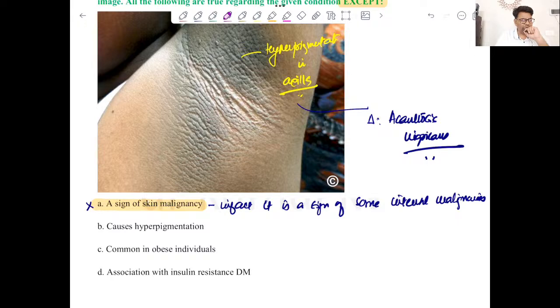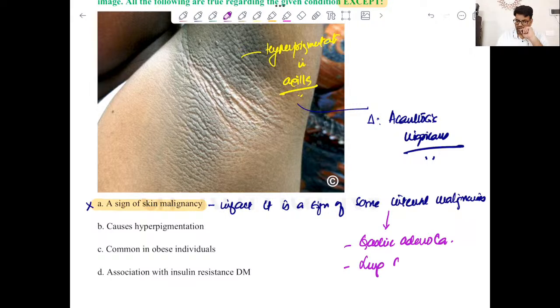Any idea? Yes, Sangamitra, you are absolutely right. But I am just talking about some internal malignancies which might be related with Acanthosis nigricans. What are those? Very good. Yes, so one is gastric adenocarcinoma. Yes, and there is one more.